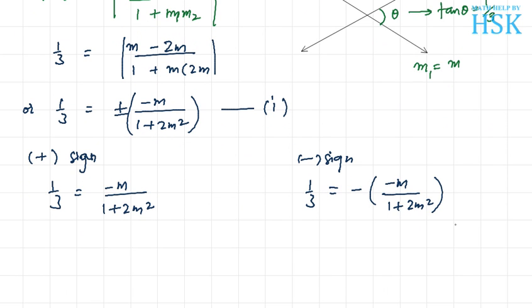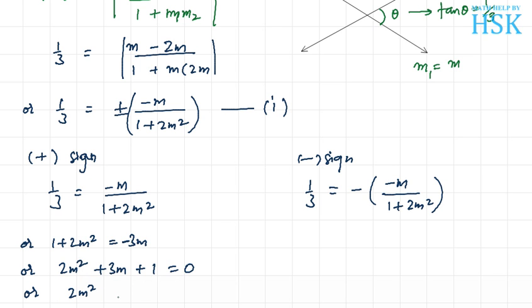Let us solve first for the plus sign. I get 1 plus 2m square is equal to minus 3m, or 2m square plus 3m plus 1 is equal to 0. Now I am going to factorize, writing 3m as 2m plus m: 2m square plus 2m plus m plus 1 is equal to 0.